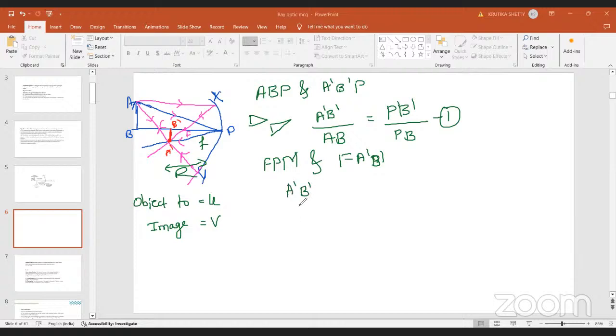It is A'B' divided by PM. So M will be here.